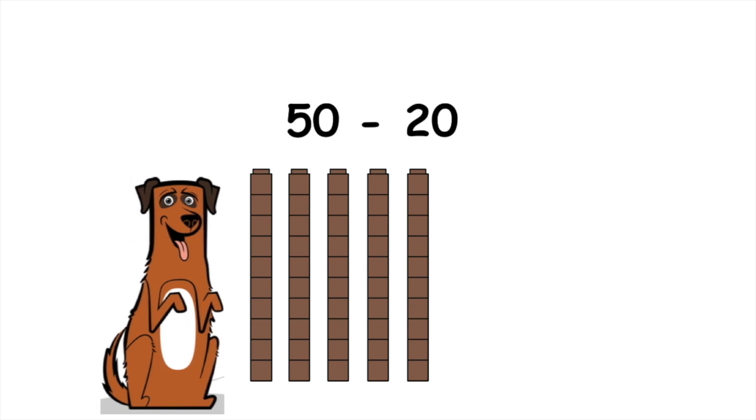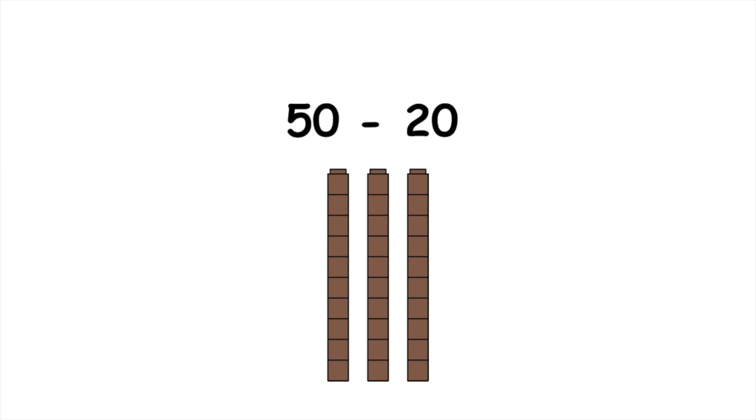I need to take away 2 tens. And now I have 1, 2, 3 tens, and 3 tens is equal to 30. Therefore, 50 minus 20 is equal to 30. That means that Goldie has 30 cookies left.